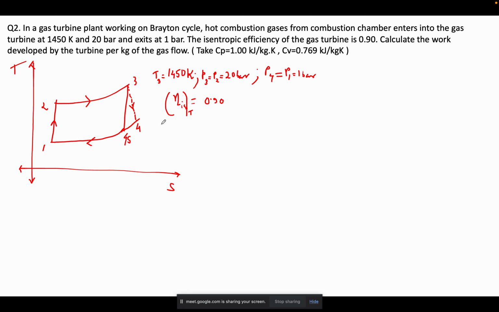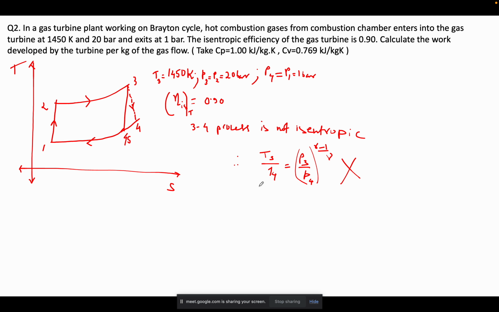Understood. Now from here we can calculate T4s. The 3 to 4 process is not isentropic, so we cannot apply T3 by T4 equals P3 by P4 to the power gamma minus 1 divided by gamma.